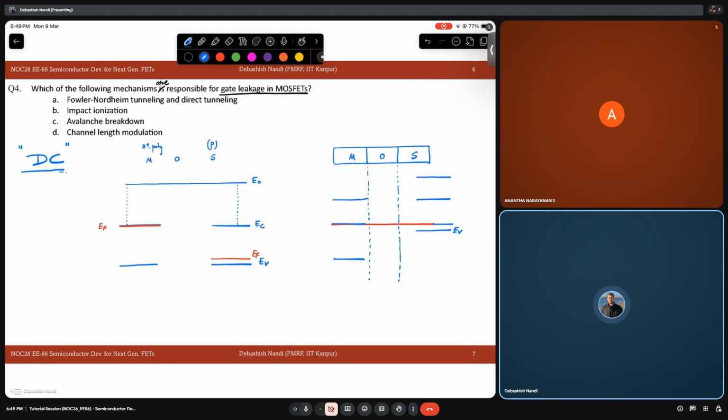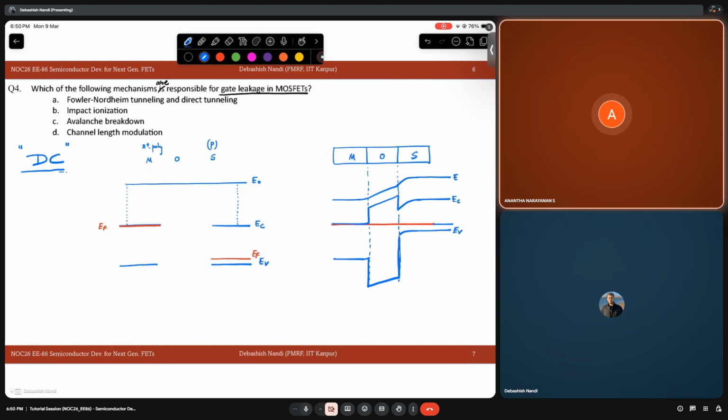So it will be something like this, then barrier, this should follow this. You understood the band diagram? Yes, sir. We did it in the first class also, right, sir? Right, right.